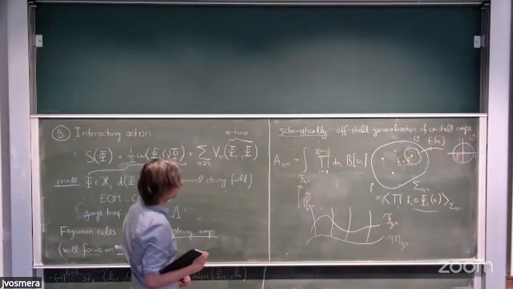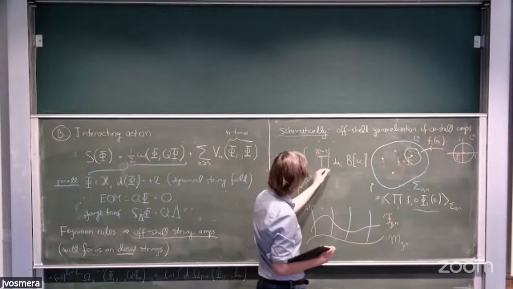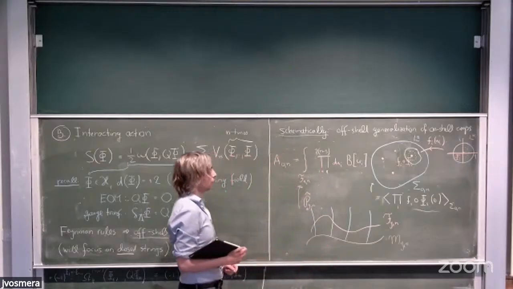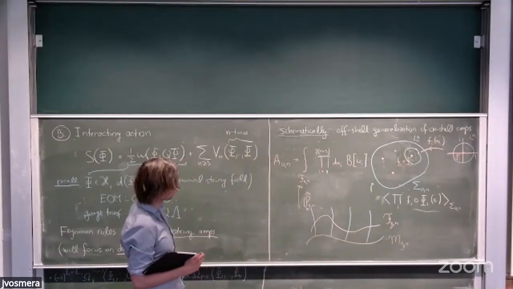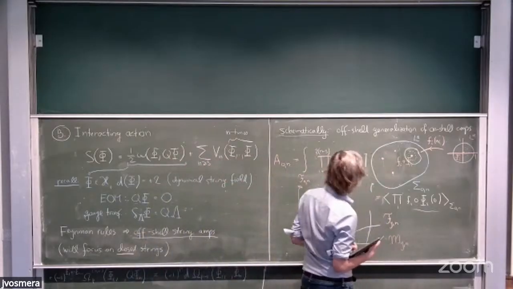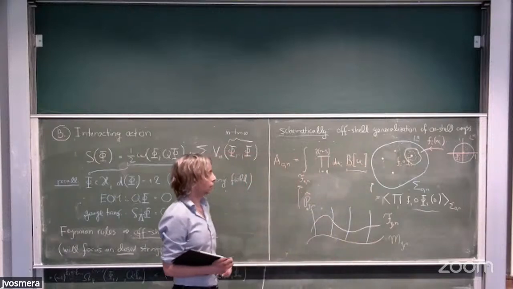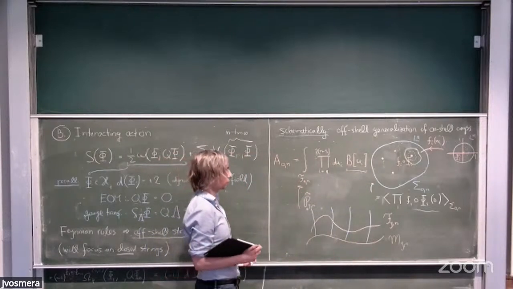That's one thing which I have to do, and then of course I have to choose a suitable measure for this integration, which is also very tightly connected to the fact that in this correlation function I also have to insert some contour integrals of b ghosts, right?